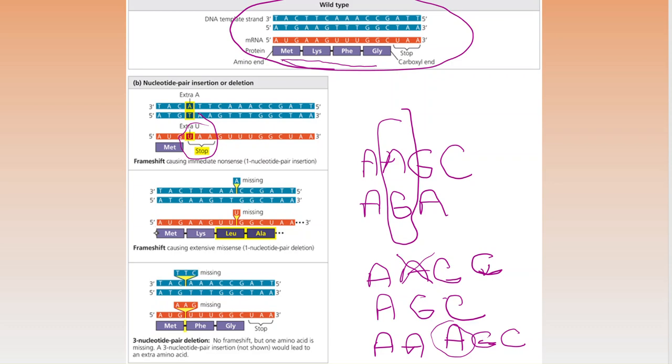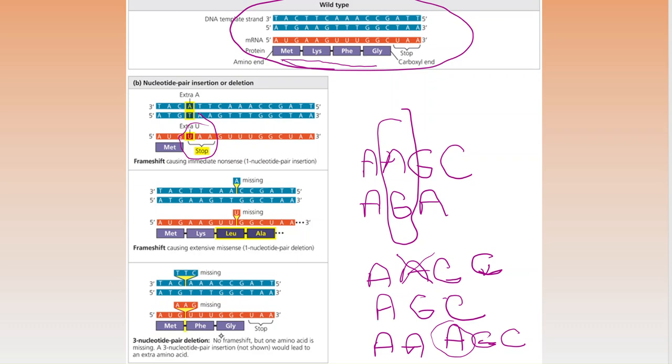In this second example, you have a deletion occurring, and that leads to the frame shift creating completely different amino acids. So again, instead of being Met-Lys-Phe-Gly, now it's Met-Lys-Leu-Ala. And the third example is where the deletion caused a completely different one.